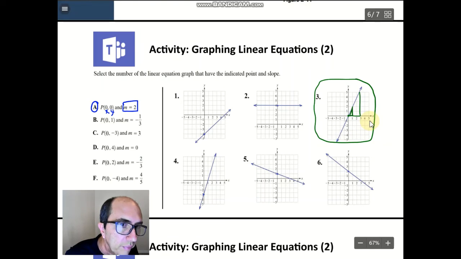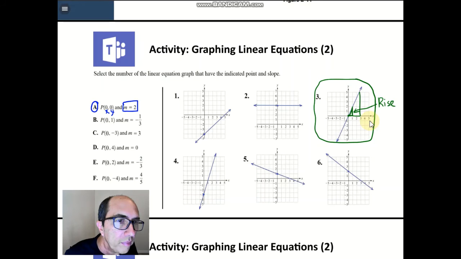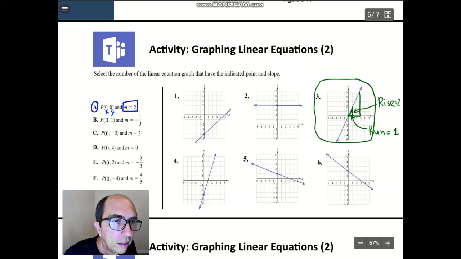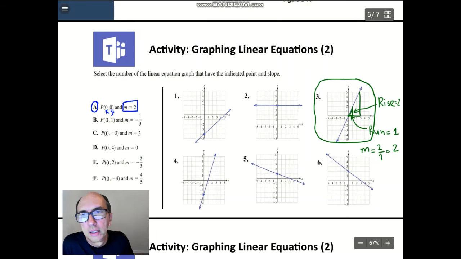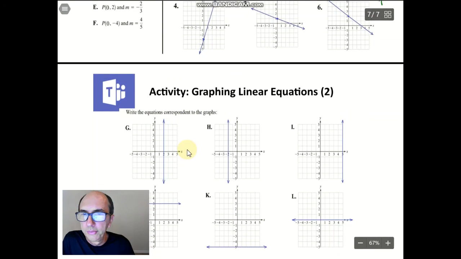Check this one here, and we have the rise is going to be equal to 2, and the run equals 1. That means m equals 2 over 1 equals 2. So this one is actually linked to letter A, and you can answer letter A is going to be number 3. Now let's check the other ones.